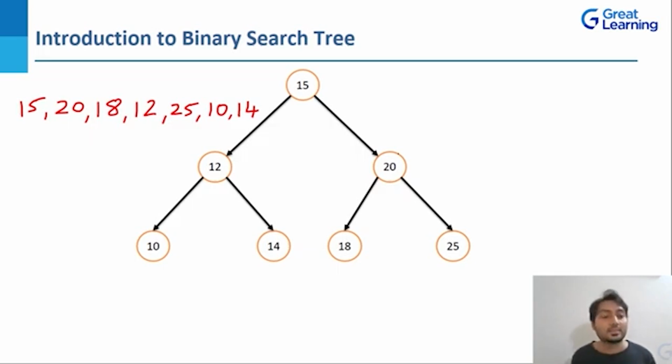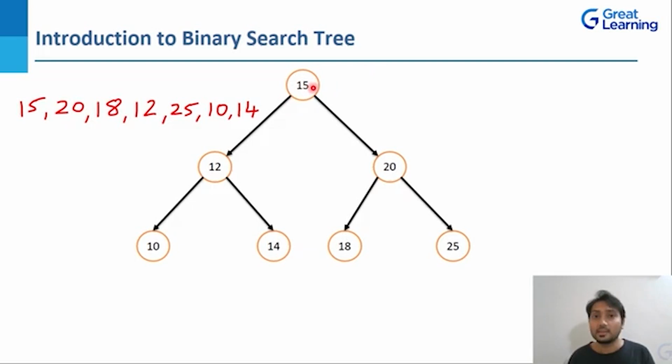Now quickly let us try to understand how we got this particular order. Let us consider our first input, 15. The first input in the list is considered as the root node of your binary search tree. So 15 is the root node here. Now go to our input. What is the next incoming input? We have 20. So 20 should be compared with the root node 15.